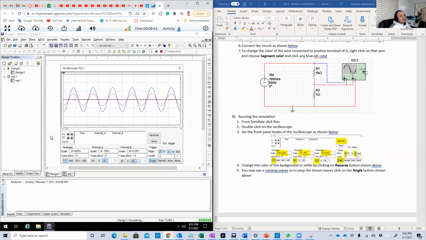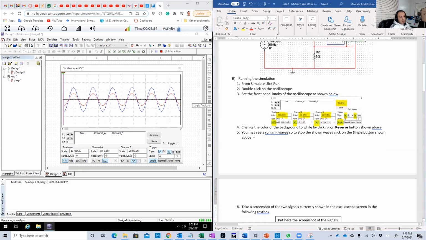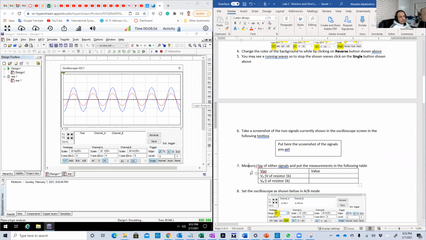Now let's learn how to measure the peak voltage, or how to measure AC voltage or a peak voltage on the oscilloscope. So basically, this is required here for this table. Okay, this table here. So to measure the peak, we use these markers.